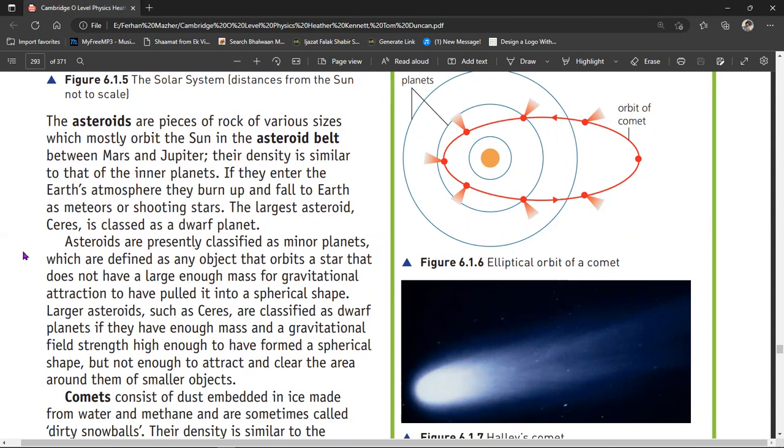Larger asteroids such as Ceres are classified as dwarf planets if they have enough mass and a gravitational field strength high enough to have formed the spherical shape, but not enough to attract and clear the area around them of the smaller objects.